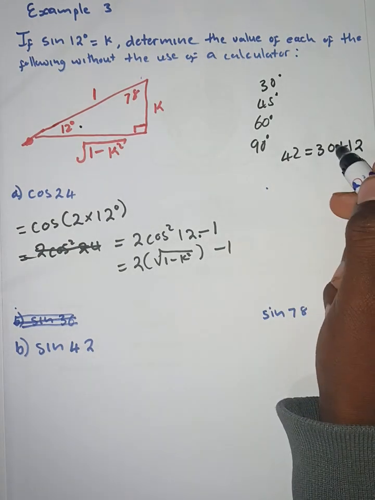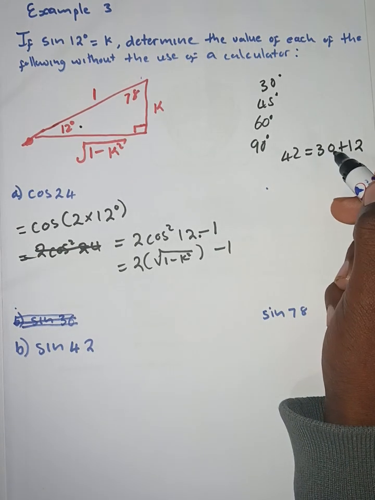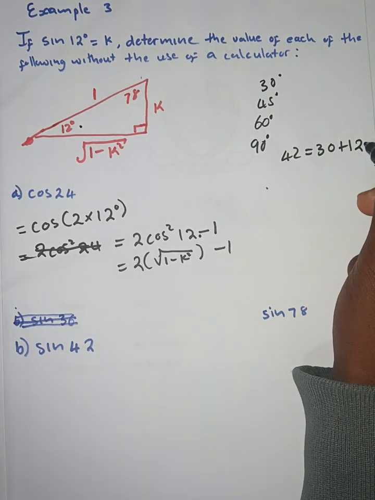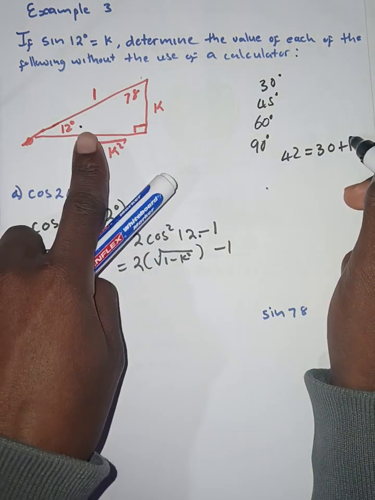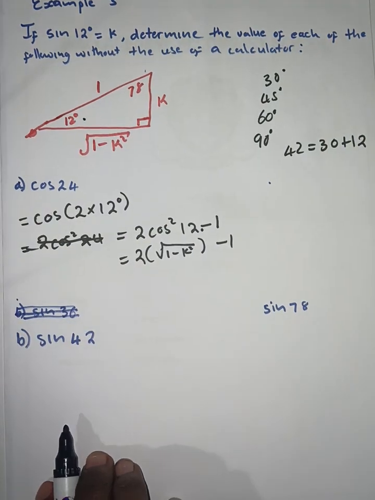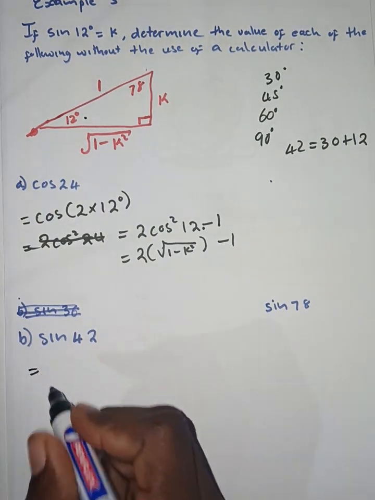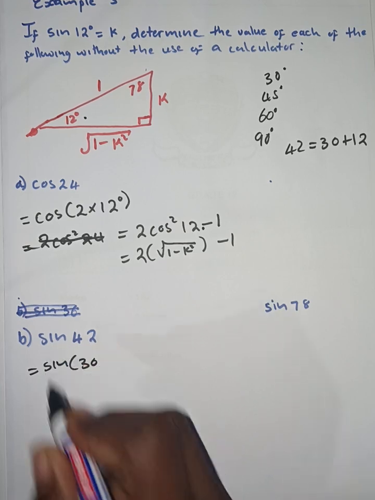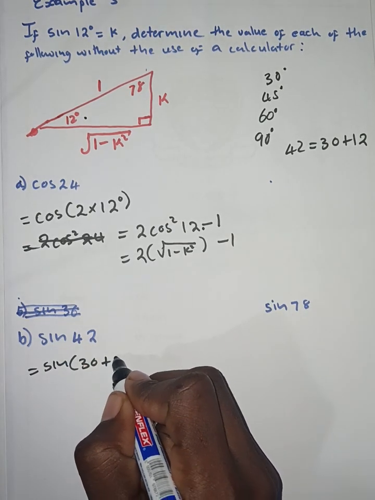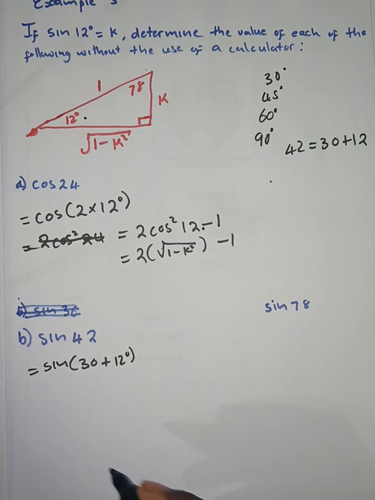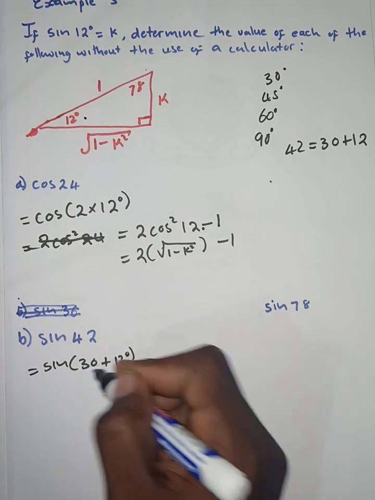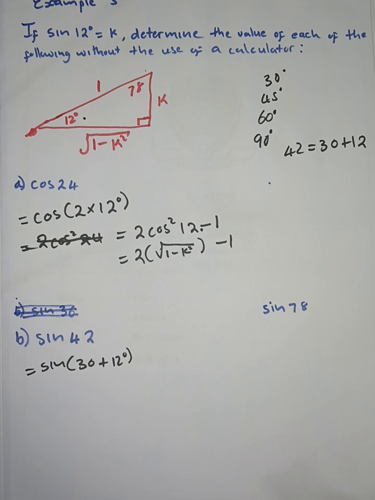Why am I going to use that? Because I know the information for 30 degrees, that's a special angle, and 12 is what I'm given. So I'm going to change this to sine of 30 plus 12, because I know everything for sine of 12 degrees and for 30 degrees.